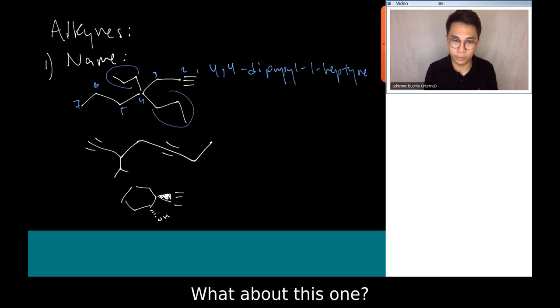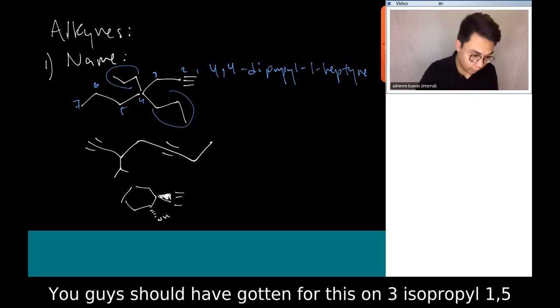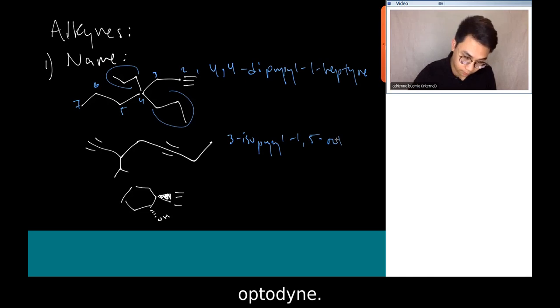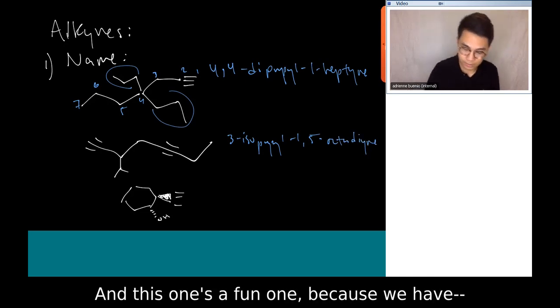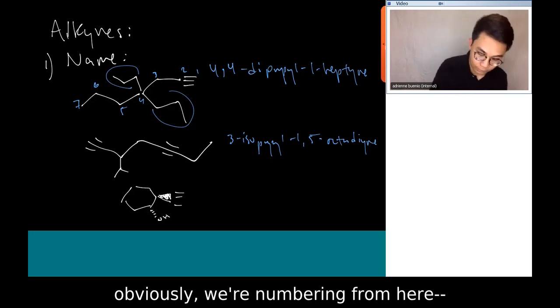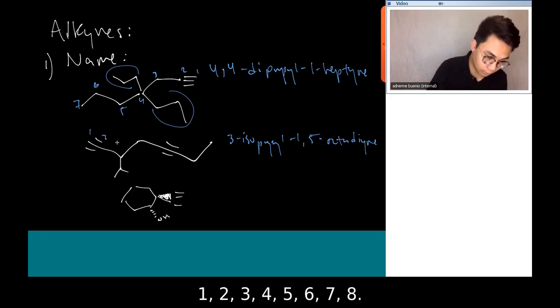What about this one? You should have gotten 3-isopropyl-1,5-octadiyne. This one's a fun one. We're numbering from here: one, two, three, four, five, six, seven, eight.